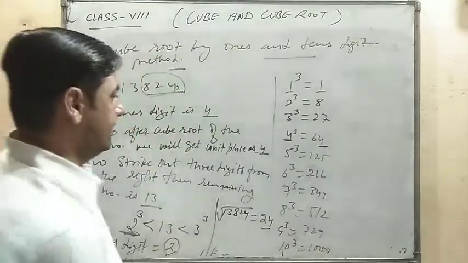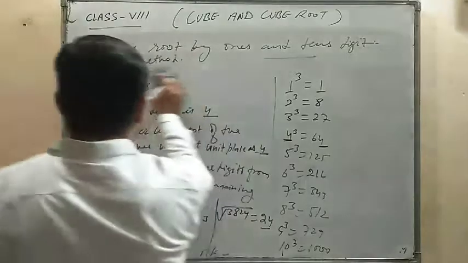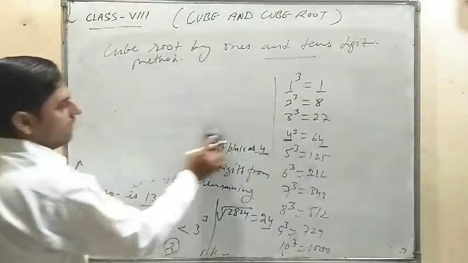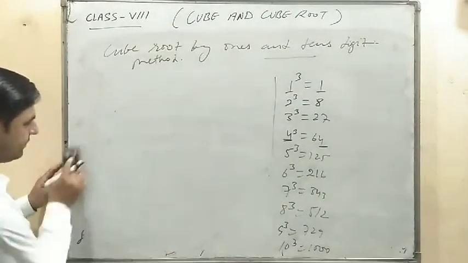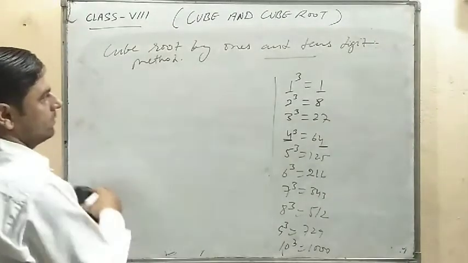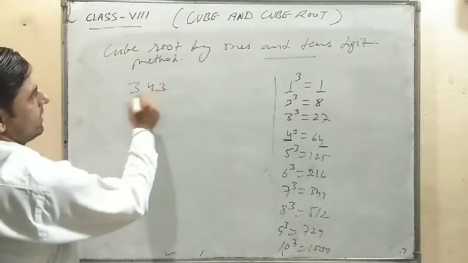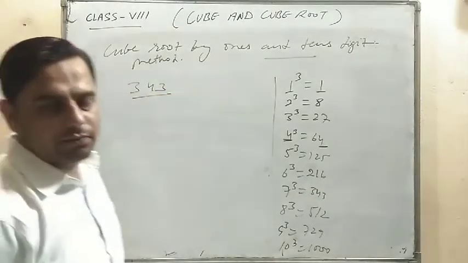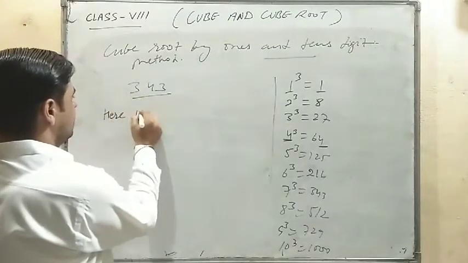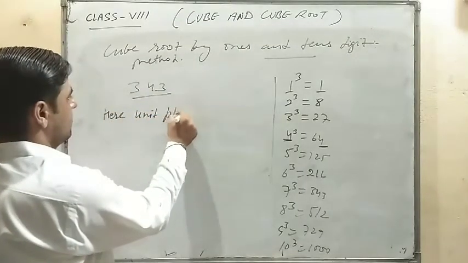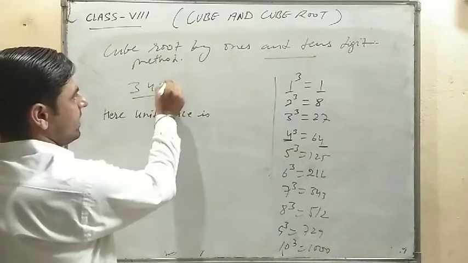Next, I will tell you about another example. Suppose 343. Here the unit place is 3.